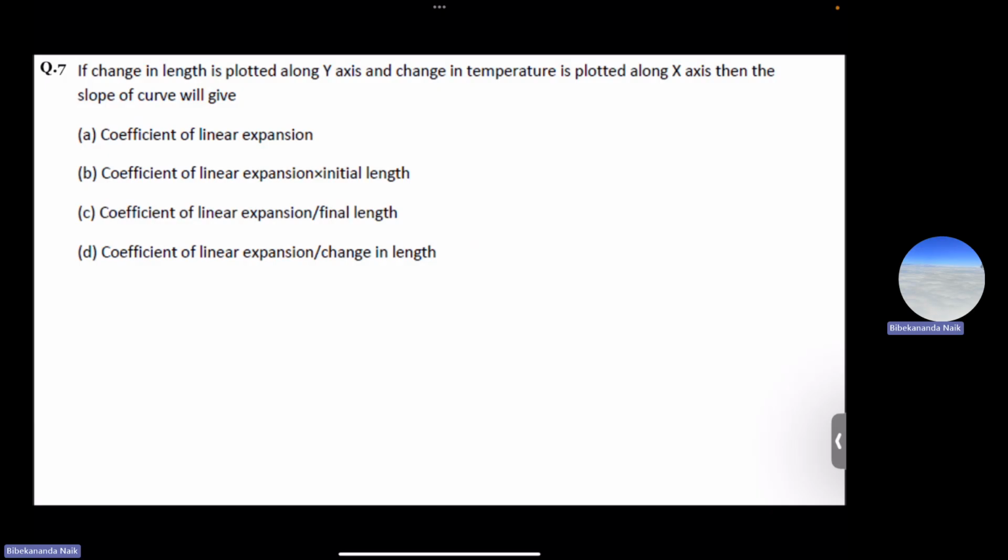Let me write the symbols: alpha, alpha into L0, alpha divided by L, or alpha divided by delta L. So these are the four options.